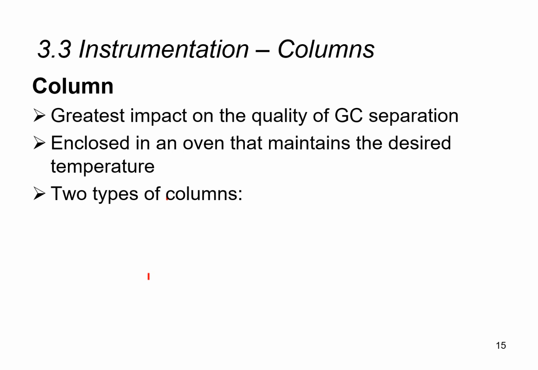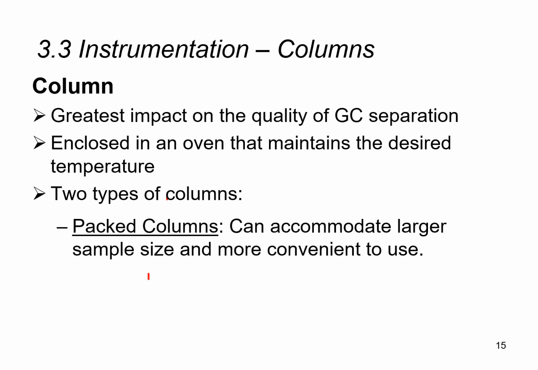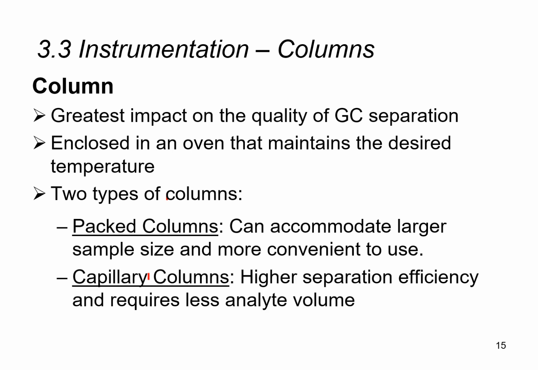So there are two types of columns. The first is a packed column, which is a very old-fashioned type of technology. We'll briefly talk about what a packed column looks like, but I will also say that the second type of column, a capillary column, is by far the most commonly used type of column in modern chemistry.